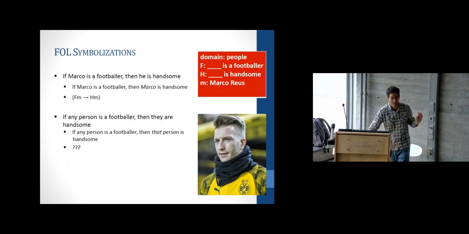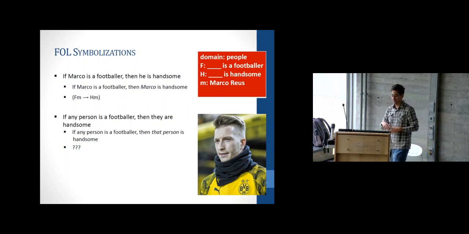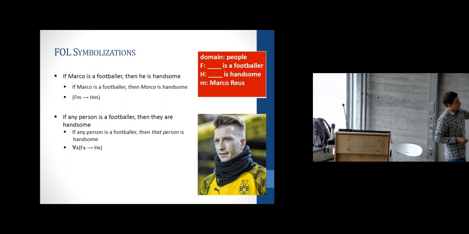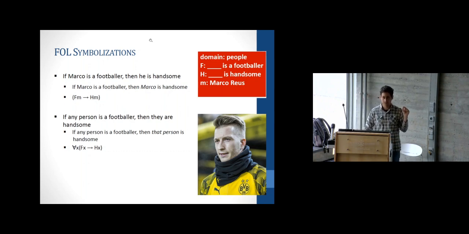I'm saying whatever person I pick, if that person is a footballer, then that person is handsome. For all x, if x is F, then x is H. So in English, these two sentences are very similar. They have a very similar consequent, but in the logic, they look very different. That's something to remember.